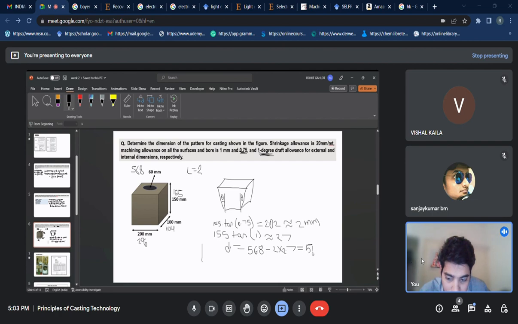Similarly for the diameter part, you need to subtract it: for 56.8 minus 2 into 2.7. This is how you will get the final inner dia of 51.4 mm after this steepness. Similarly you can calculate the 155 mm side also. Then your draft allowance, the taperness, you can directly add it.